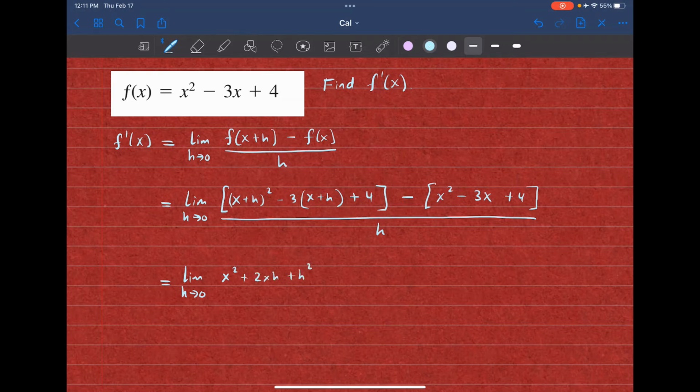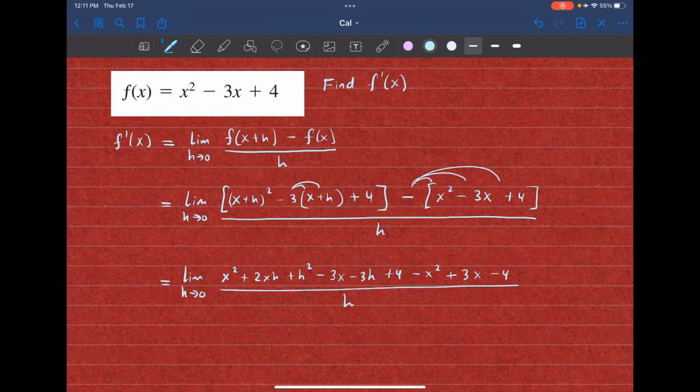For the second term, we distribute this negative 3 out. So that's negative 3x minus 3h and plus 4. For the last terms, the terms in the brackets, we just need to distribute the negative out. There's nothing to expand. So that's minus x squared plus 3x minus 4, everything over h.